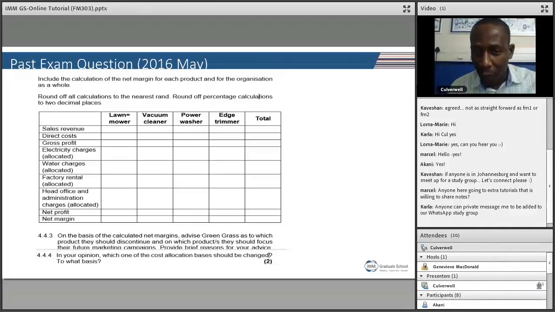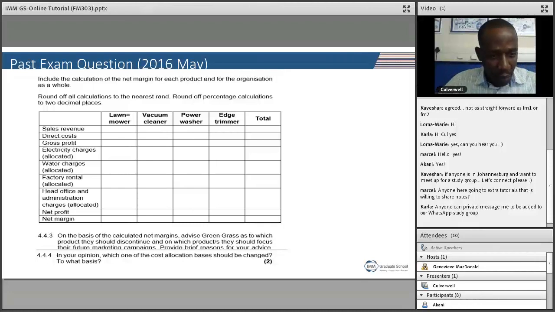So it doesn't matter what they bring you, if it's a customer or if it's a product, the application of the ABC concept still remains the same. You cannot afford to make a mistake on picking up your activity drivers. So that's how one would calculate your net profit or conduct your direct product profitability for this.